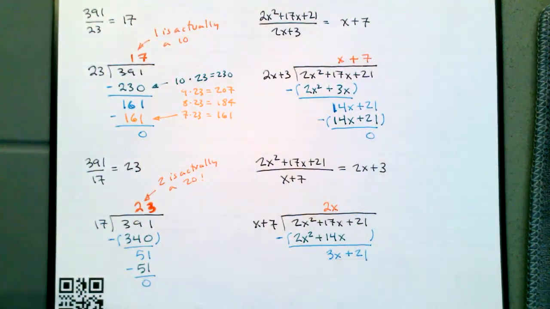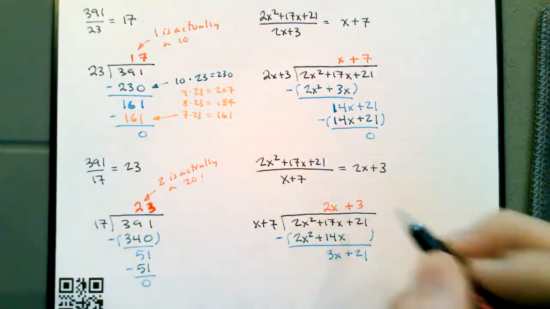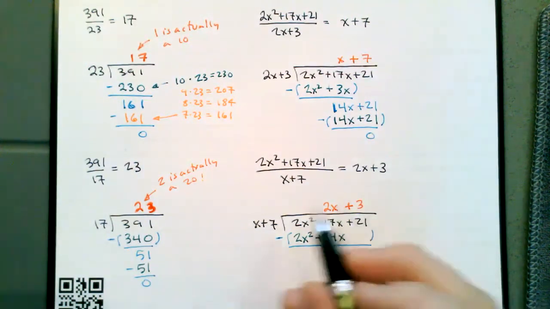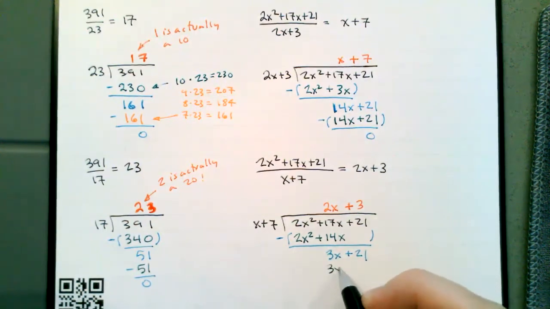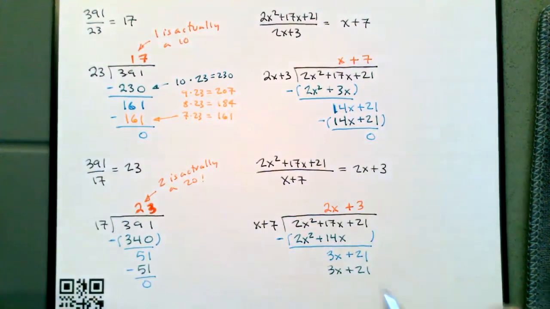Now I need to subtract x from 3x to cancel that out, and I can do that 3 times. So I'll put a plus 3 up here to indicate I can subtract x from 3x 3 times. So 3 times x is 3x. 3 times 7 is 21, and we get no remainder, just like we expected.